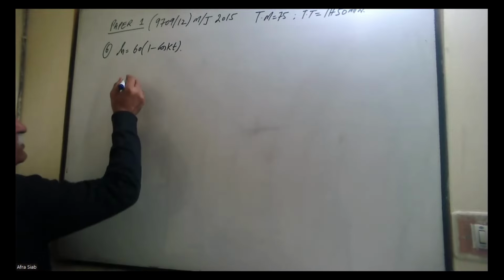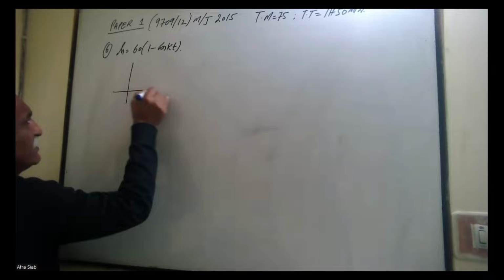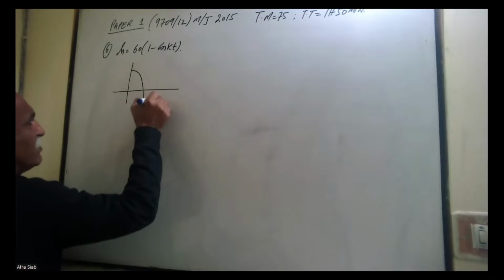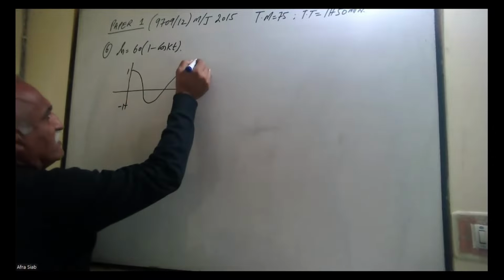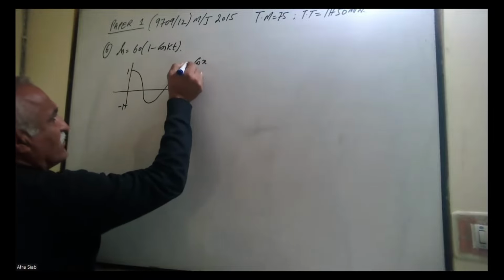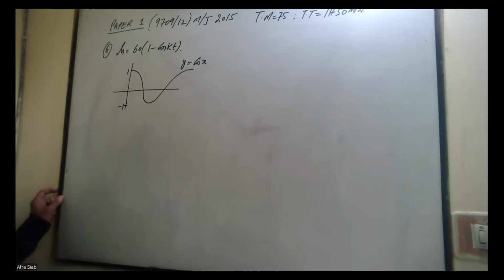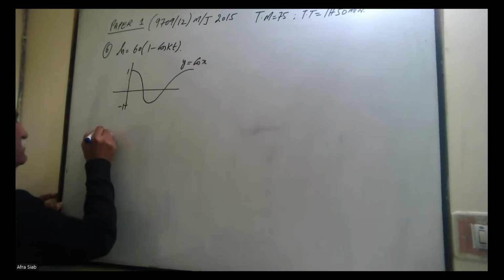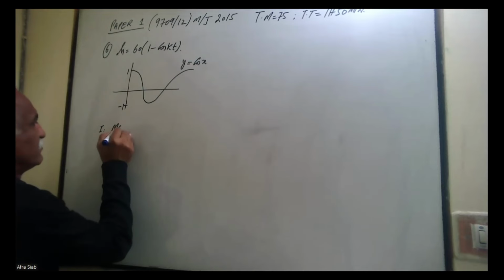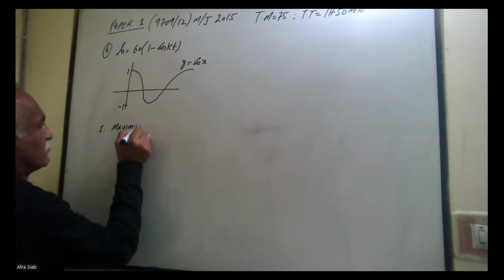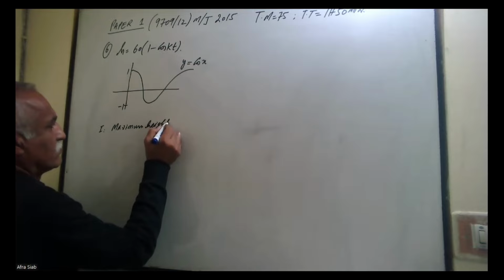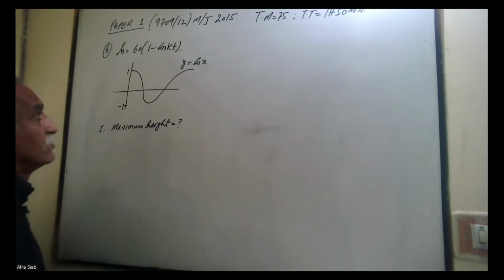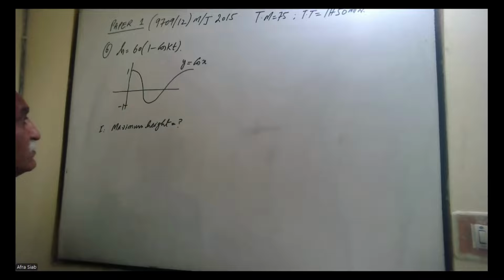We know that the cos function basically has a graph like this. So it is from 1 till minus 1. That is the graph of cos of x. Now they said in the first part to find the maximum height when he is going to ride on this wheel.